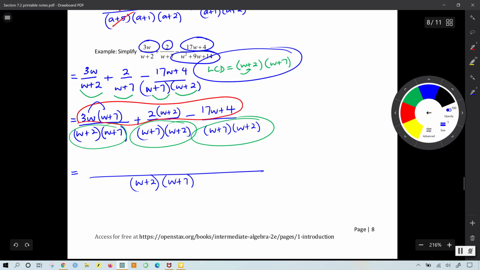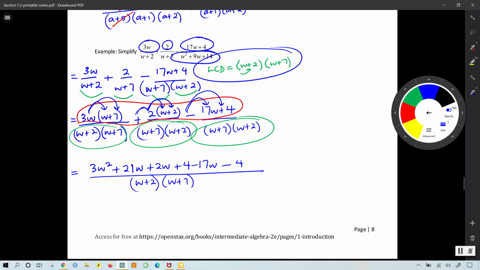We begin with 3w times w, 3w squared. 3w times 7 is positive 21w, plus 2 times w is positive 2w, plus 2 times plus 2 is plus 4, negative 17w, and negative 4.